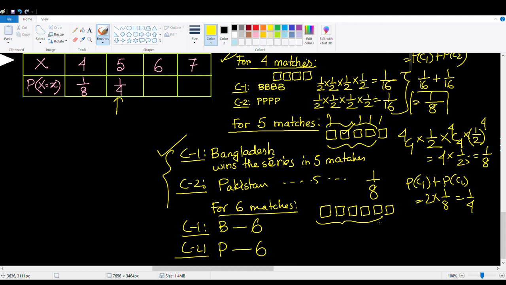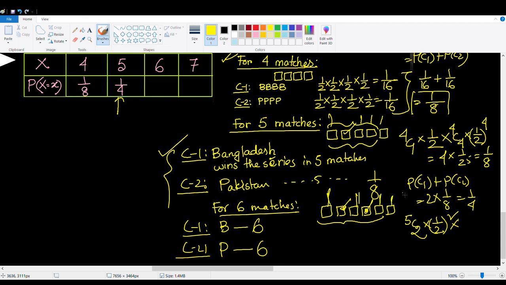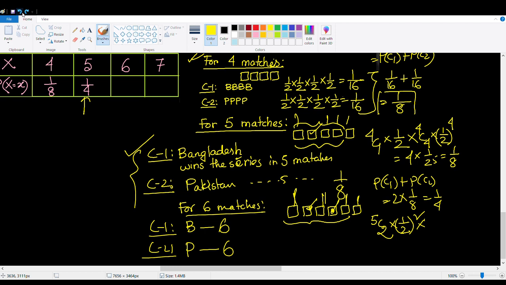Okay, so from the first 5 matches, I have to choose any 2. Say I have chosen these 2 boxes where I want to put P, and the probability for Pakistan to win 2 matches will be half squared. And then we are left with 4 boxes again, and we want all 4 of these matches to be won by Bangladesh. So we have to choose 4 out of 4, and for each of the matches, the probability for Bangladesh to win is half, so half to the power 4.